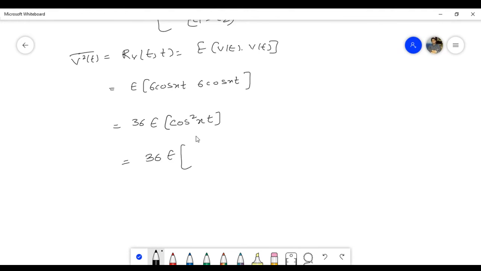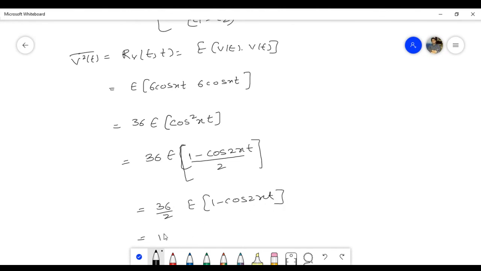So we have to make it in terms of sum form. It will be (1 plus cos 2xt) by 2. So it will be 36 by 2 times the expected value of 1 plus cosine 2xt.